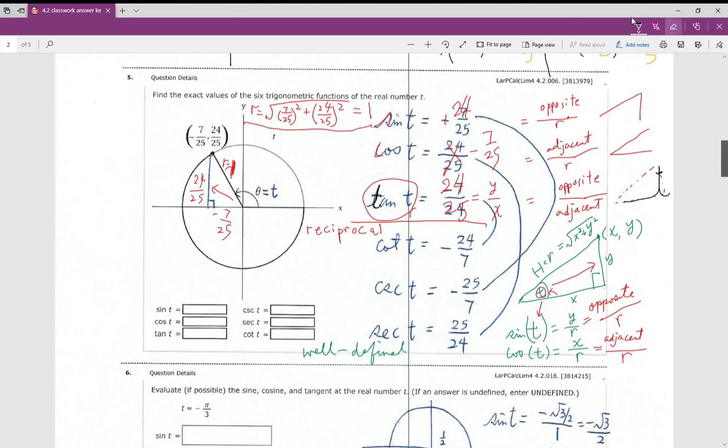And then we have the reciprocals of sine, cosine, tangent. So since I made the mistake here, this will be cotangent, the reciprocal of the tangent.